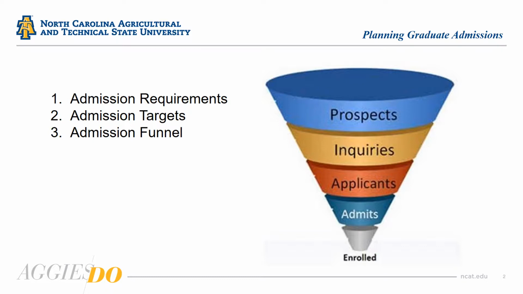Third, the department should develop a set of recruitment funnel strategies to convert prospects to enrolled students, as seen in the diagram on this slide. At the prospect stage, these are individuals who are both aware of your program and those who are not aware of it. At a minimum, the department website should be updated with engaging information on the unique benefits of studying in your program.